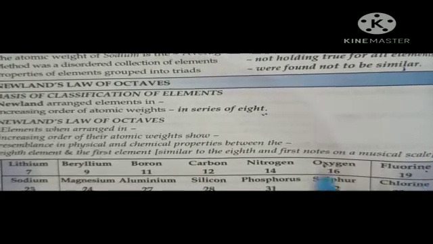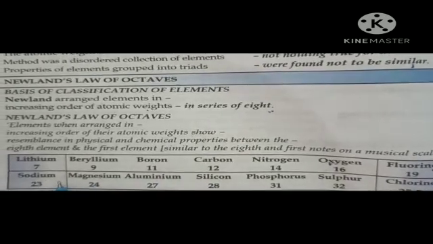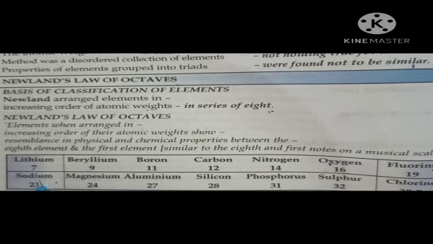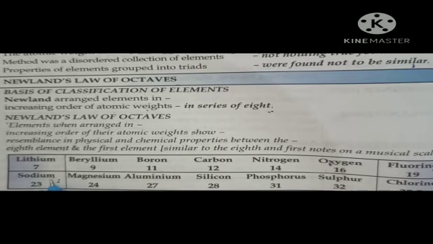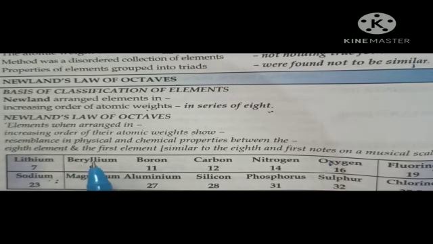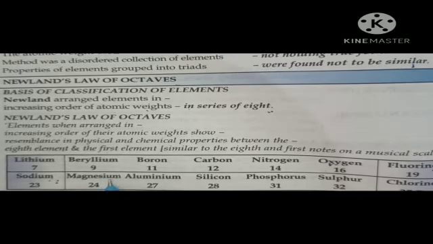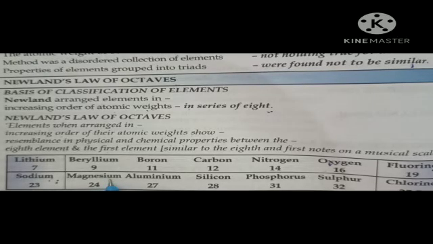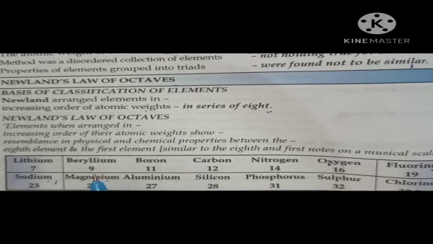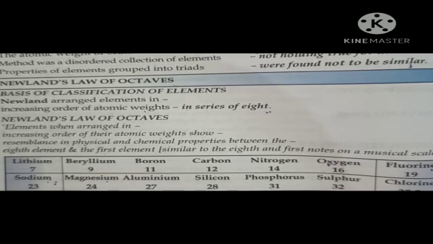These are 7, and the 8th one is sodium. Sodium comes below lithium, and the properties of sodium and lithium are similar. Means the first and 8th element properties are similar. In the same way, the second and the 9th are similar. This is known as Newlands' law of octaves.